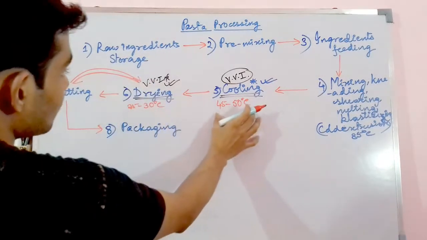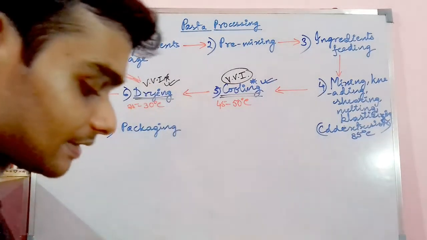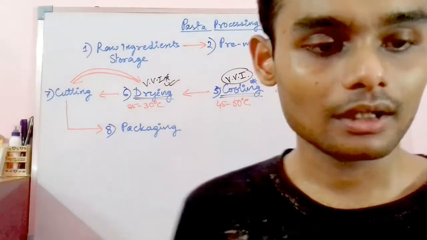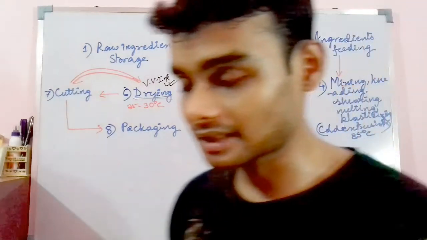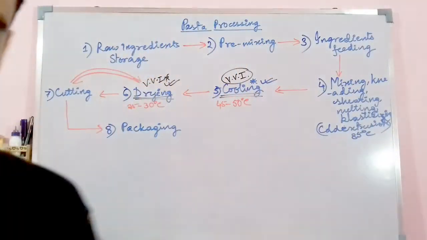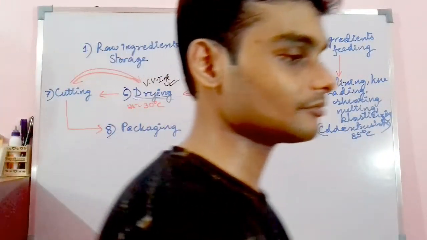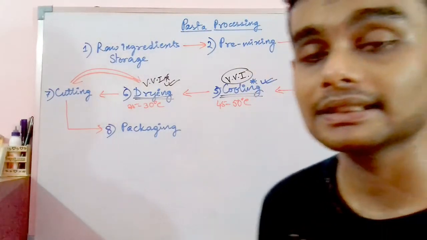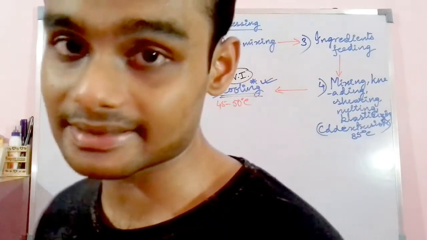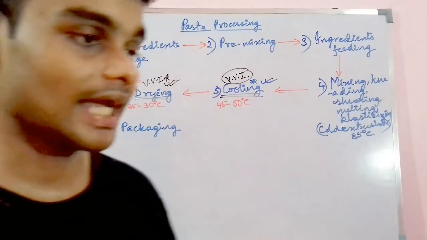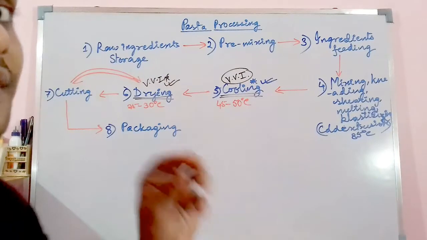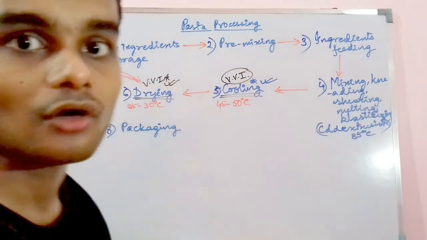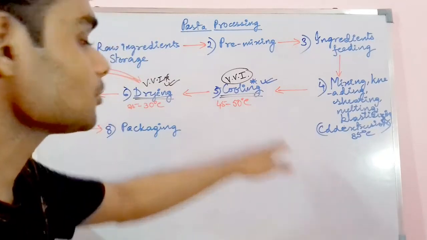Why? Because the cooling is done to 45 to 50 degrees Celsius, where the consistency of the end product, the starch wheat slurry in the form of the extruded shape, is still soft or still soggy.